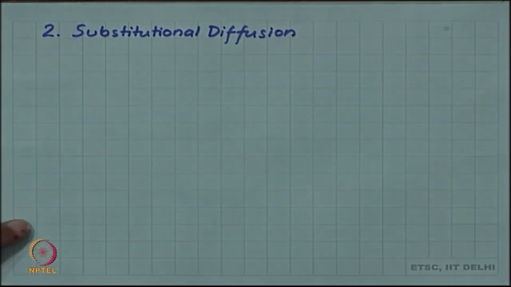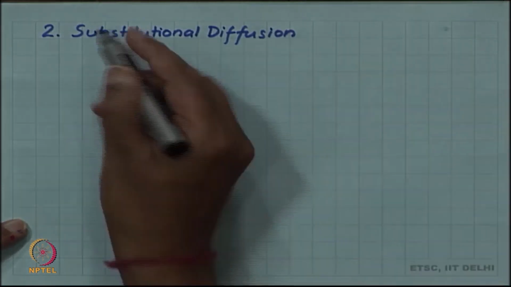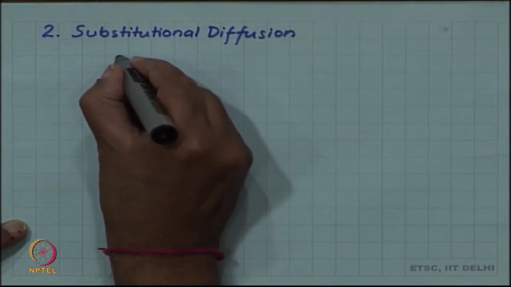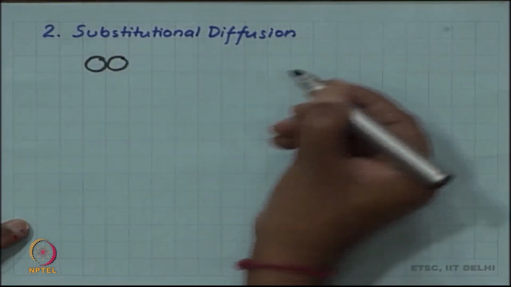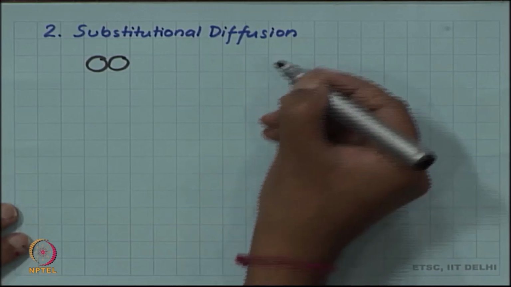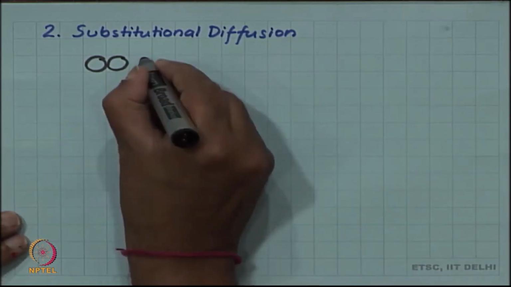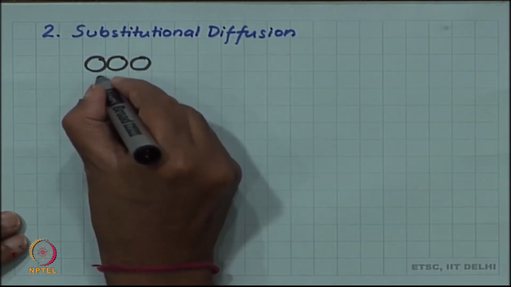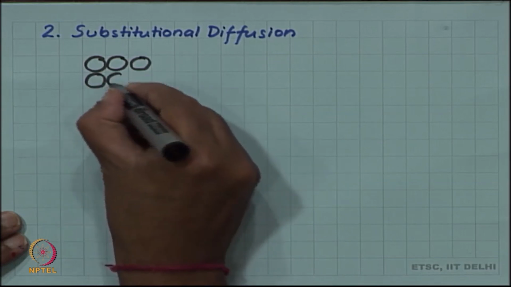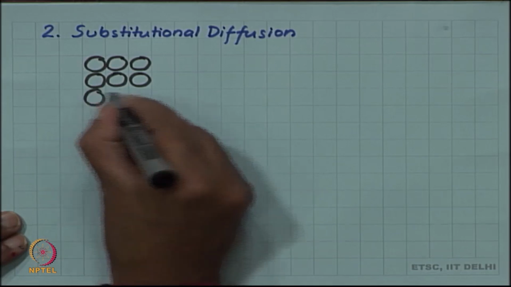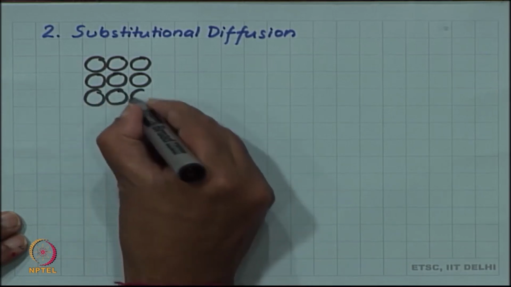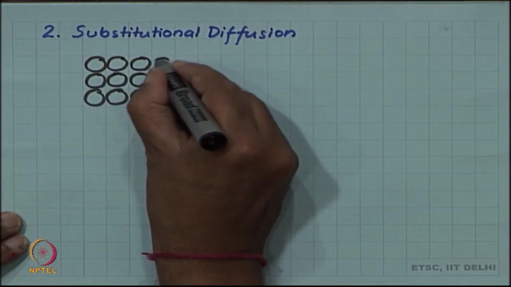Let me make a situation for substitutional diffusion. So, I am creating what is known in diffusion literature as a diffusion couple.